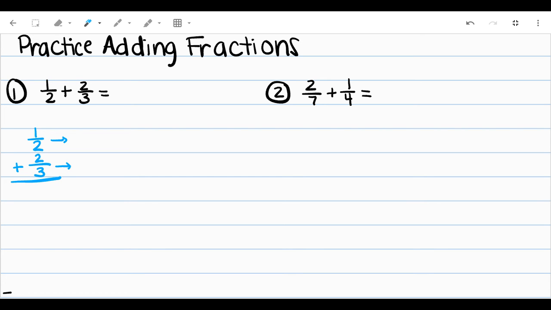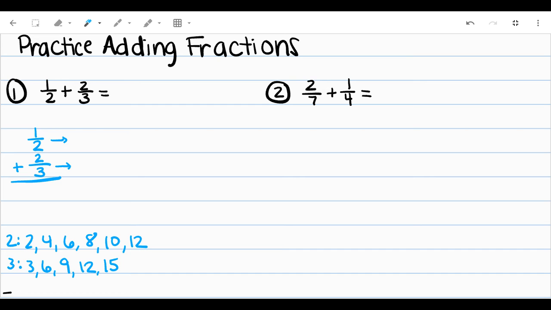So if I'm listing my multiples of 2, I'm going to say 2, 4, 6, 8, 10, 12. Those are my first few. And for 3, they're going to be 3, 6, 9, 12, 15. I'm going to stop there because I see a few numbers in common.